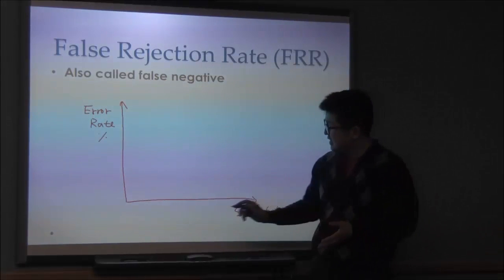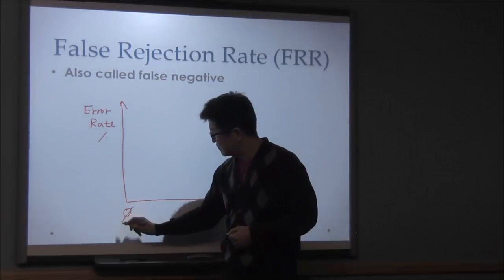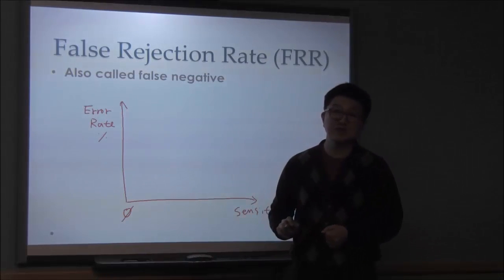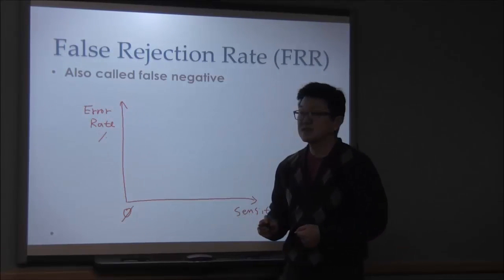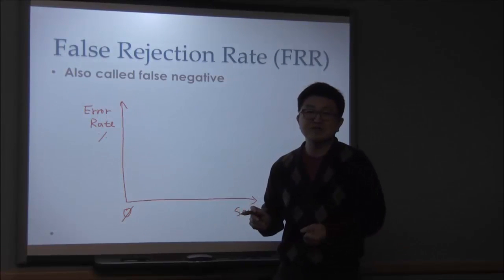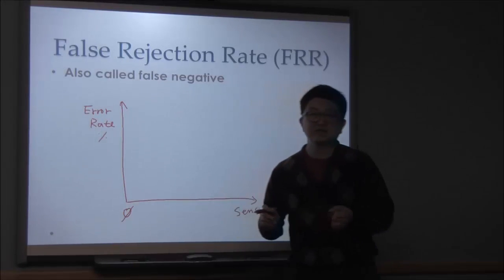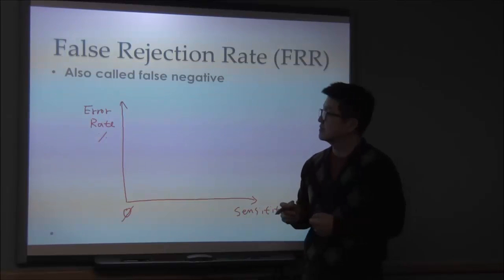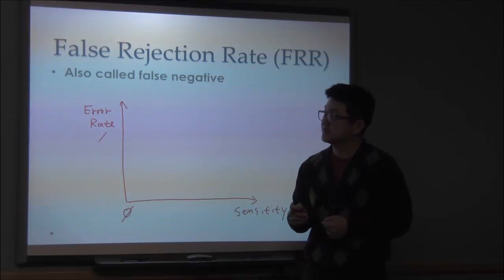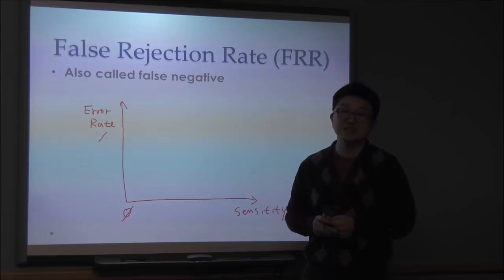When the system is not accurate, and the accuracy is close to zero, of course the false rejection rate will be very low, because it's calibrated to detect basically much less than expected.